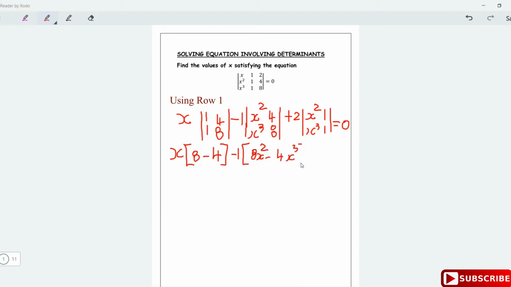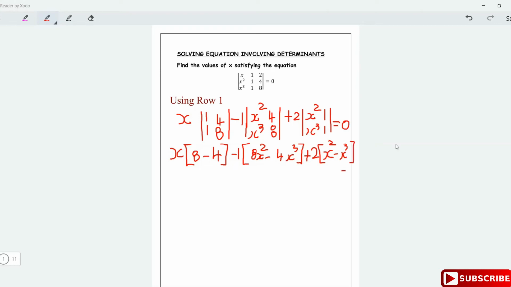Plus 2 times x squared times 1, which is x squared, minus x cubed. And this is equal to 0.